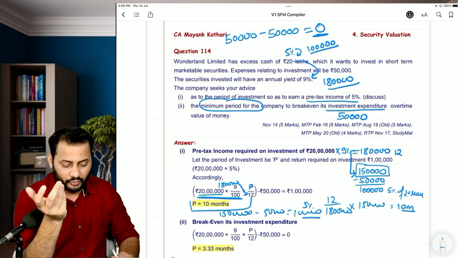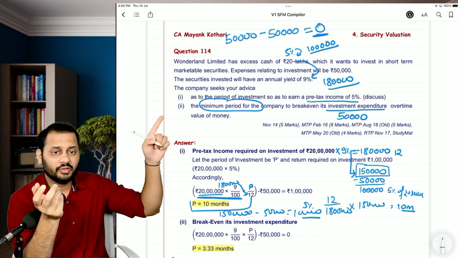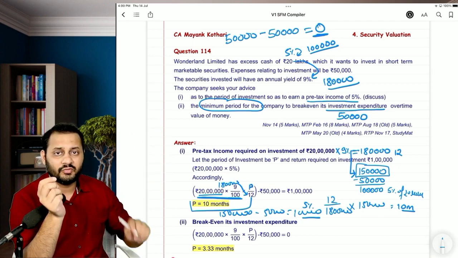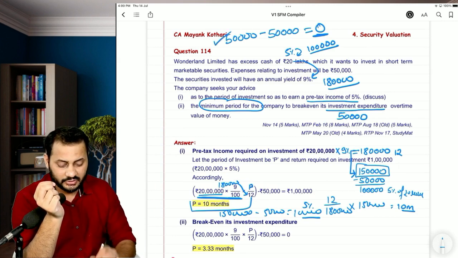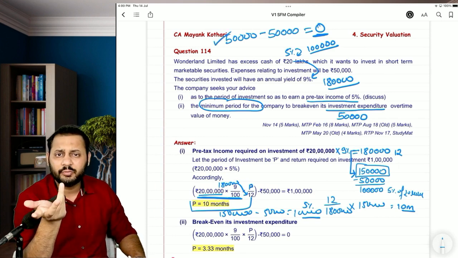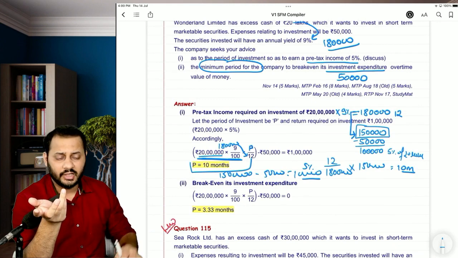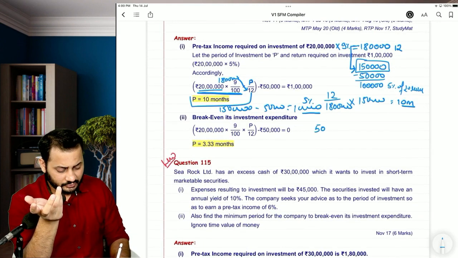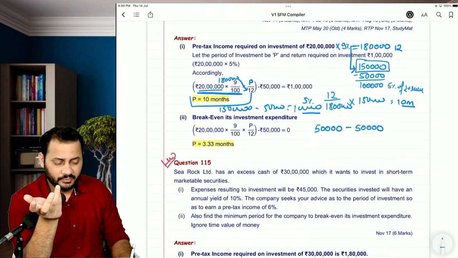So in the previous part you calculated 10 months for 1,50,000. So how many months will be there for 50,000? 3.33. And it's simple. 50,000 should be earned so that we can deduct our expenses of 50,000 and the net will be no profit, no loss.